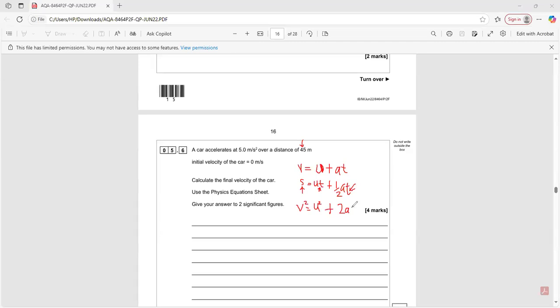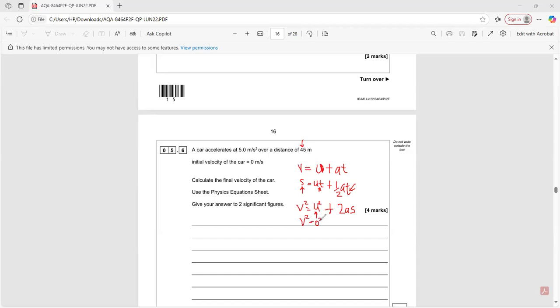It seems to me that this one is the winner because I have the initial velocity U, which they told us is 0. They told us to calculate the final velocity V, so we don't know it. Just put your V squared there nicely.